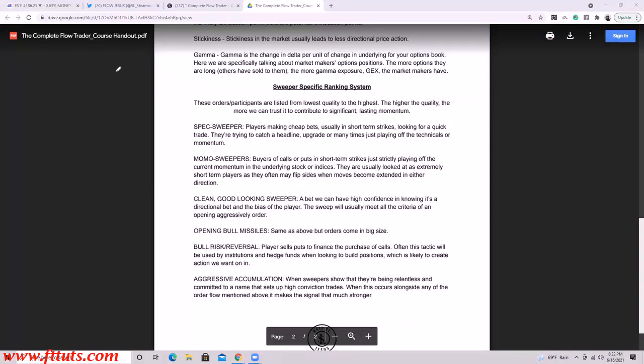And you guys hear me talk about that in the room constantly. You want to see, one order can mean anything. When we don't know the intent of these players behind these orders, one order can mean anything.